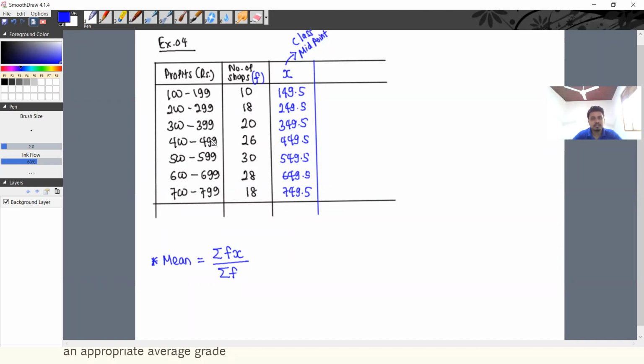Class limits or class boundaries? Number 13, Malki, tell us, are these class limits or class boundaries?